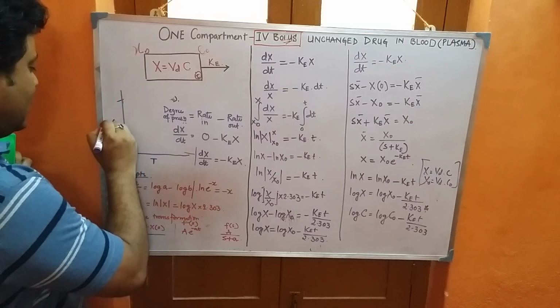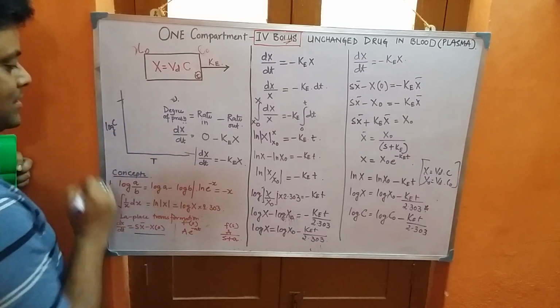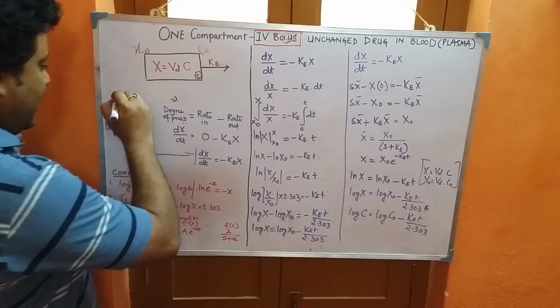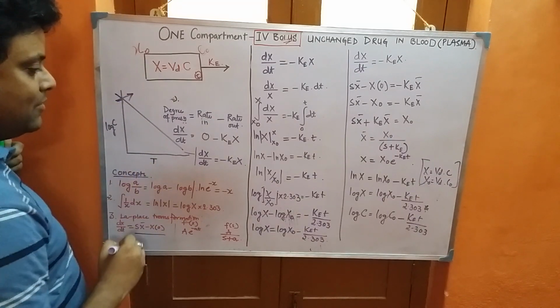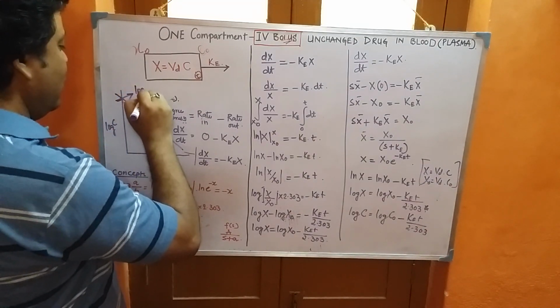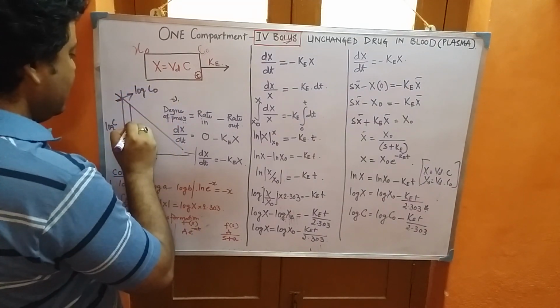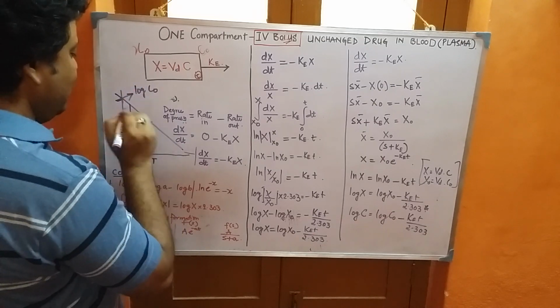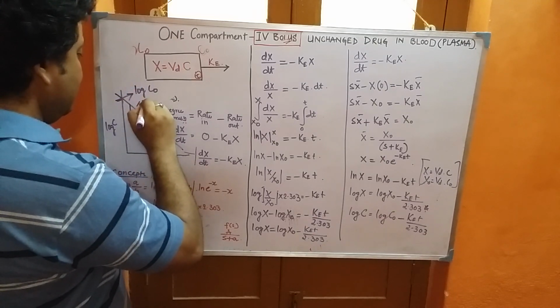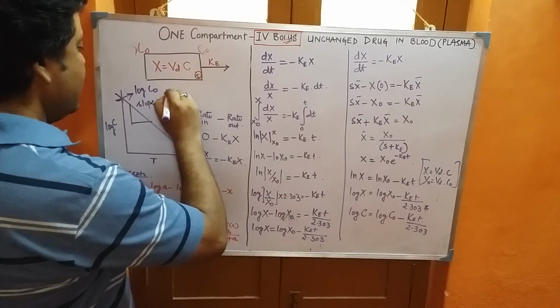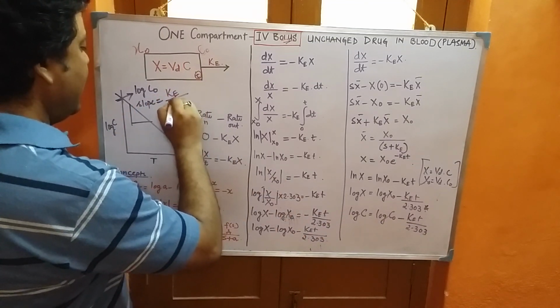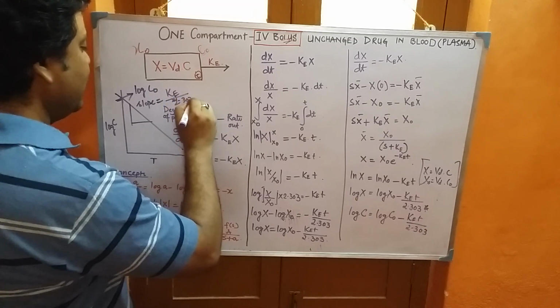Now if you plot log C versus t, you get a negative slope where the intercept is nothing but log C naught, and the slope equals Ke by 2.303.